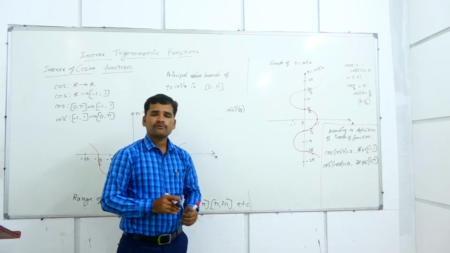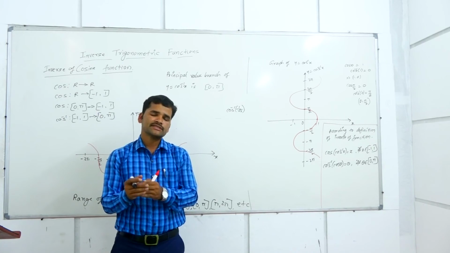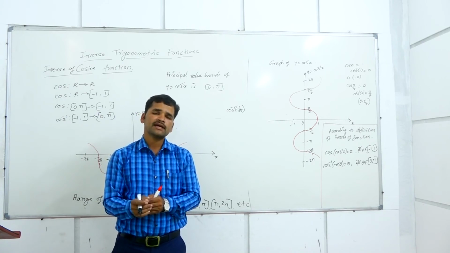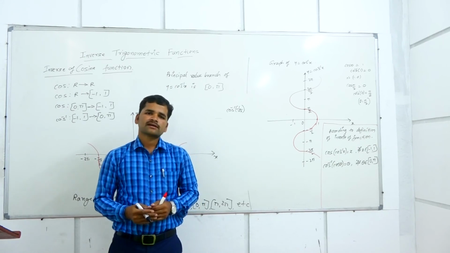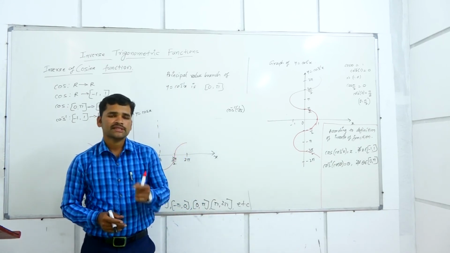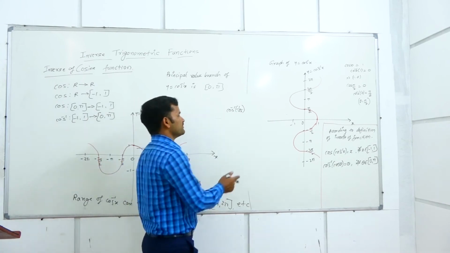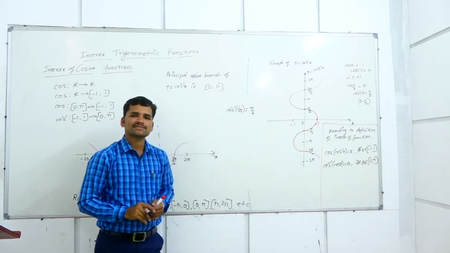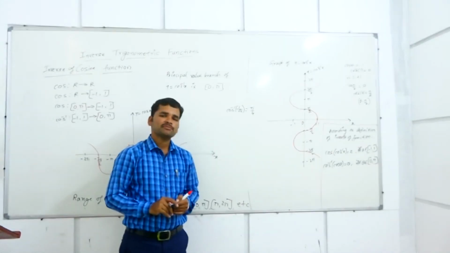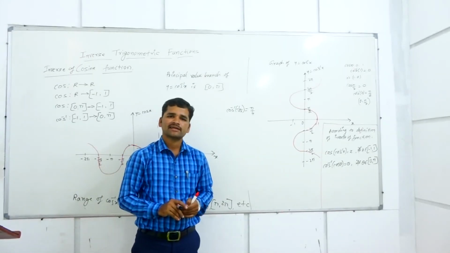Cos inverse of 1 by root 2, just to remember, cos of which angle gives you 1 by root 2? That is 45 degree. 45 degree in radians is pi by 4. So cos inverse of 1 by root 2 is pi by 4. Very simple way of writing.